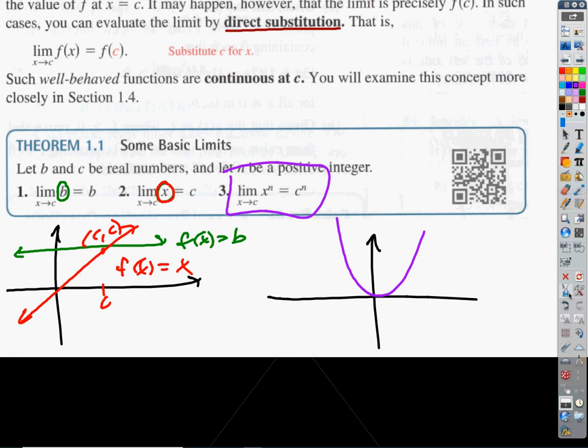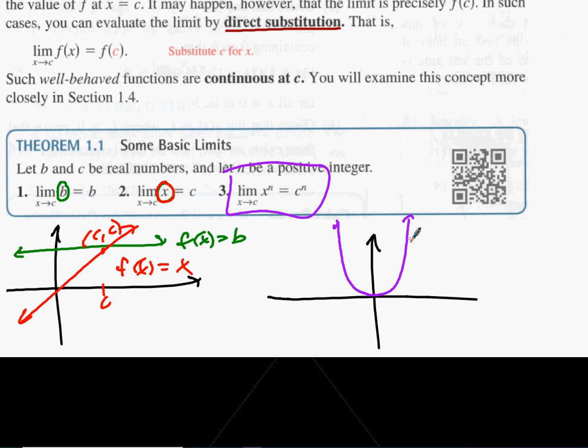If it's a higher even power of x, like x to the 4th or x to the 6th, it's just going to square off the bottom a little bit more. But I'm always going to get this even function that's got folding symmetry about the y-axis. And the important thing is that the ant will always end up stepping where he anticipates stepping as he approaches any given x value. So this is another one that we can just evaluate using direct substitution.